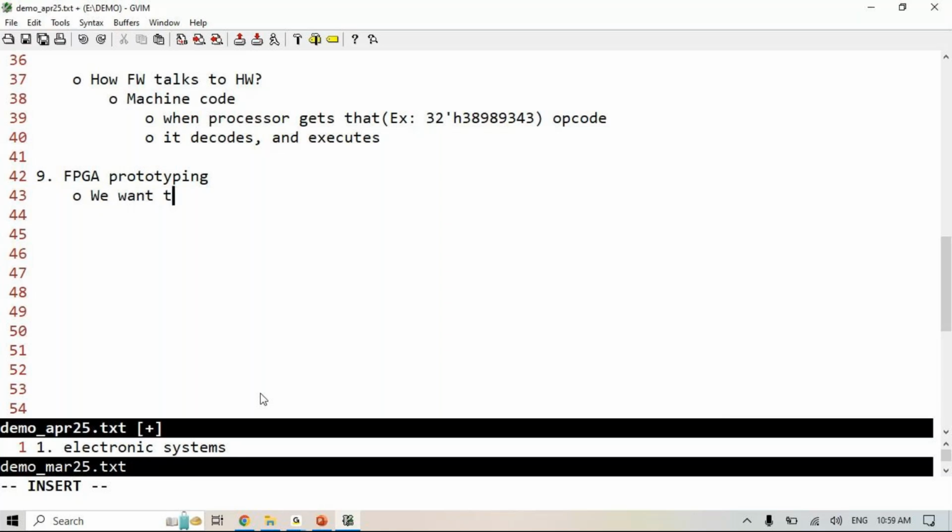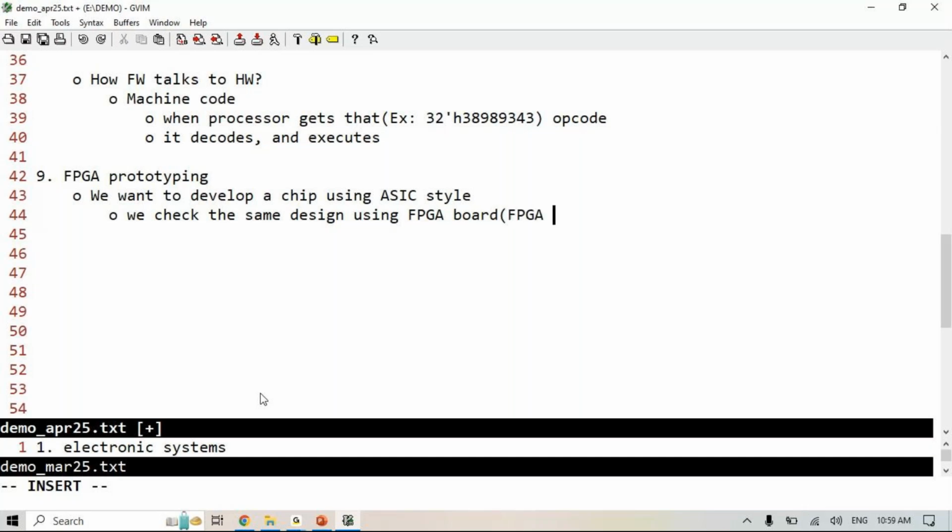We want to develop a chip using the ASIC step. That's the final goal. But what we do is we check the same code, same design, using an FPGA board, called FPGA prototyping.